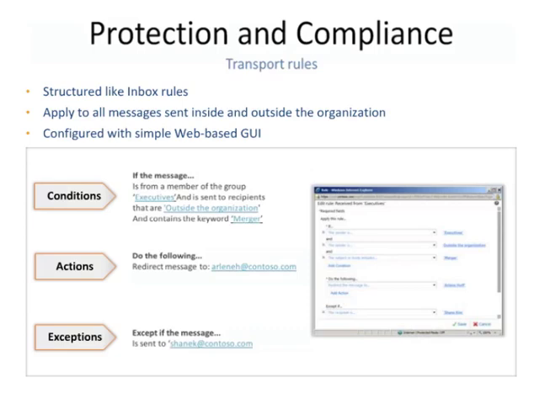So in order to enforce this through Exchange Online, you can set up a transport rule that looks at all the emails that come across the email server with certain keywords. In this case, it will be merger. And then you can set certain actions. In this case, you can redirect the message to your counsel or to anybody that's overseeing the merger.